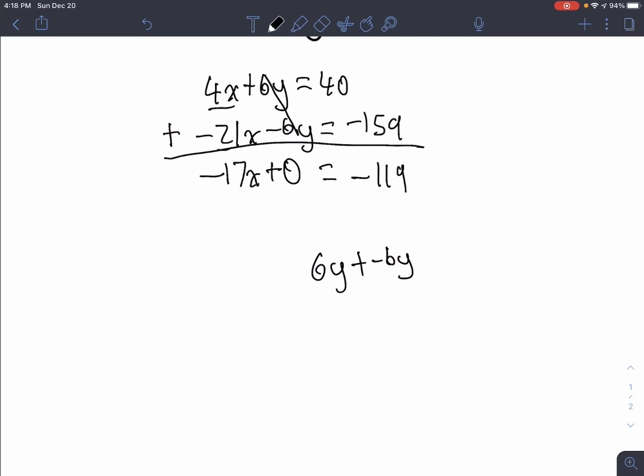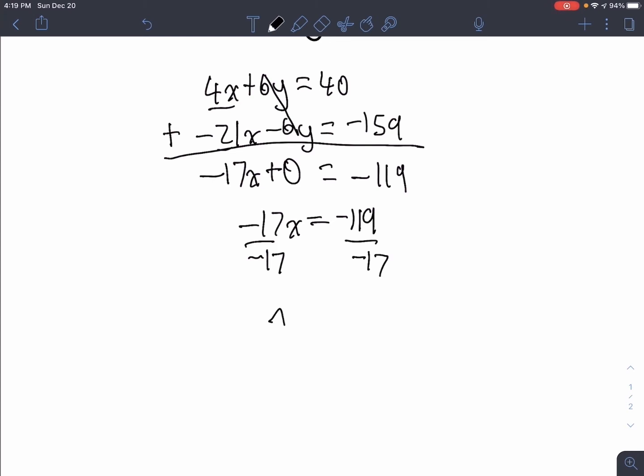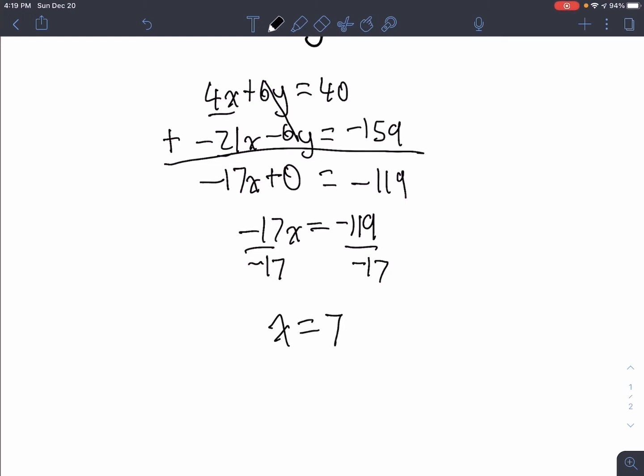Since 0 has no value, we could just say negative 17x equals negative 119. Now we divide both sides by negative 17 to get negative 119 divided by negative 17, which is x equals 7.